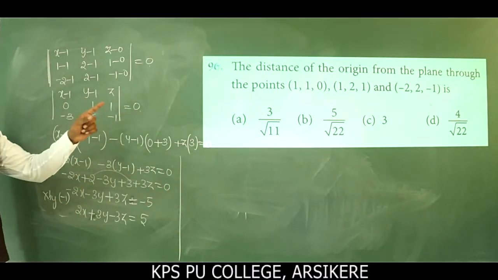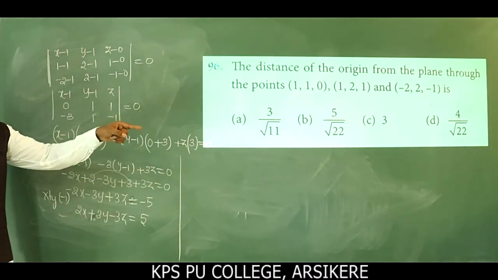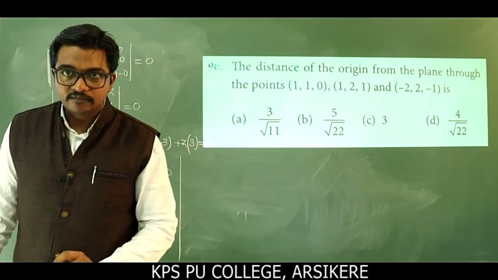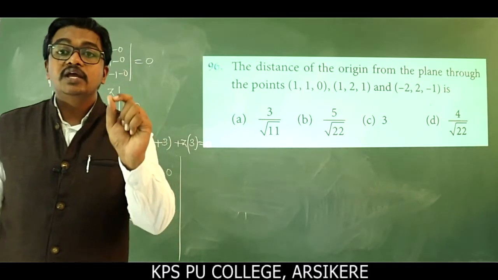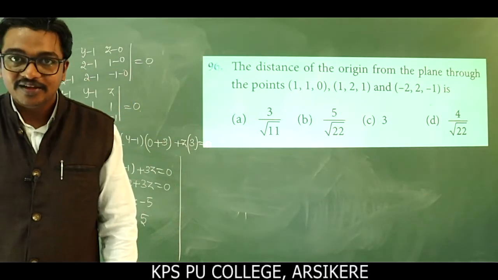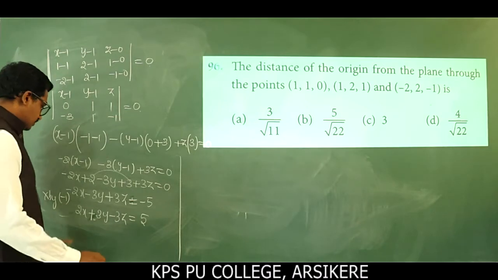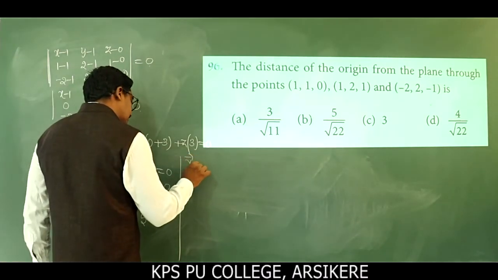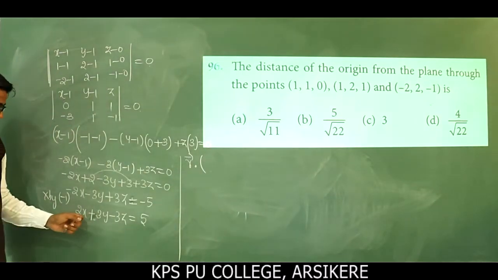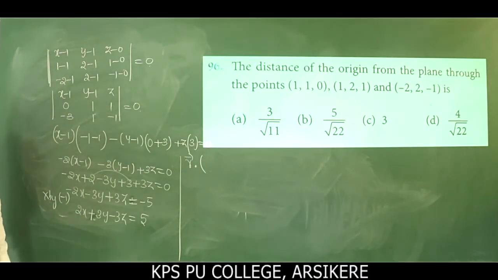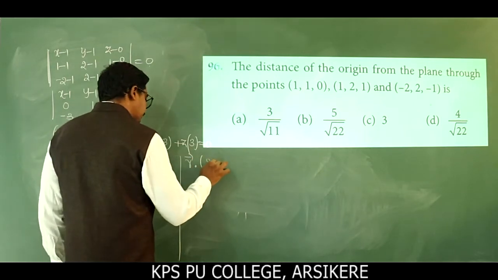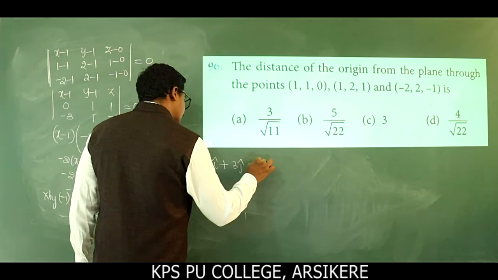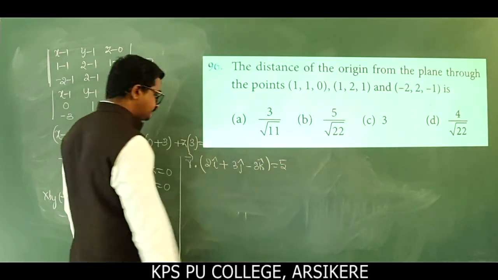Right? So here we have to find the distance of the origin from the plane, which is nothing but the distance of the plane from the origin. Just remember the equation of a plane in normal form. This can be written as vector r dot the coefficients of x, y and z in vector form, 2i cap plus 3j cap minus 3k cap is equal to 5.